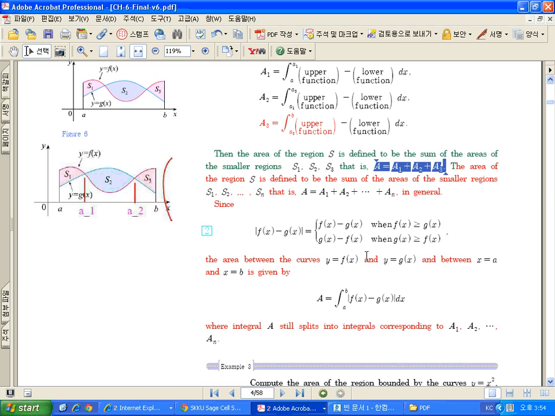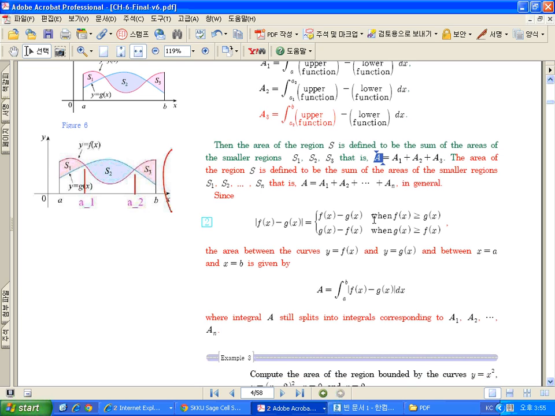So the simpler way is, instead of separating the work in this way, you just take the absolute value of f(x) minus g(x), and then integrate from a to b at once to get the area A. Okay?